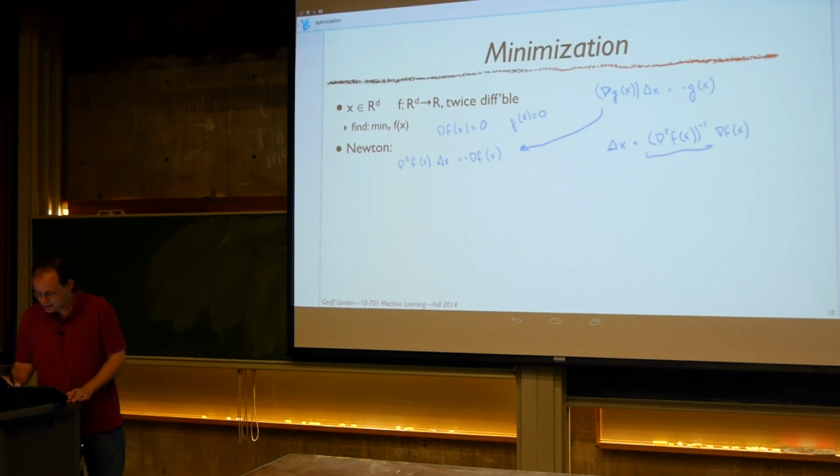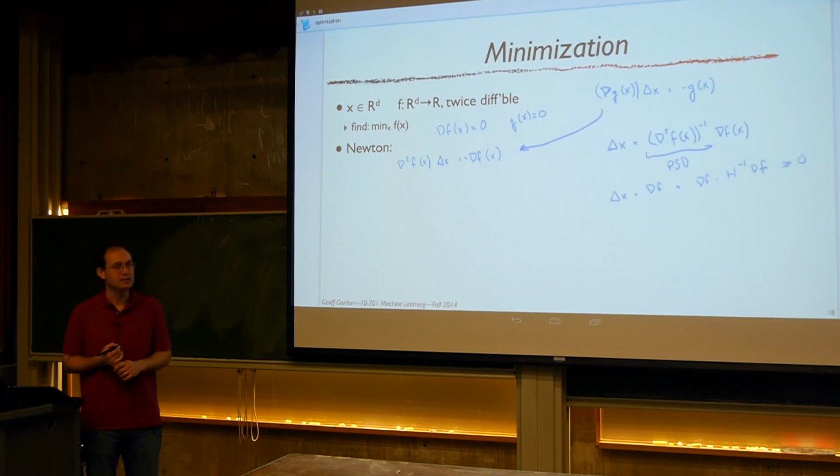And so since that is PSD, the dot product of delta x with the gradient, grad f dot delta x, which is the inverse Hessian times grad f, is going to be greater than or equal to 0, because H inverse is PSD.